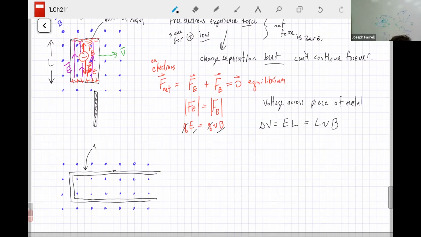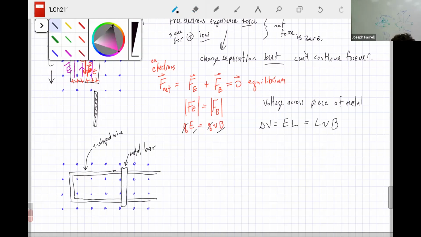This is a U-shaped wire, just a wire. And now I'm going to take a freely floating bar, like a metal bar, and just sit it here. And then let's move that metal bar.